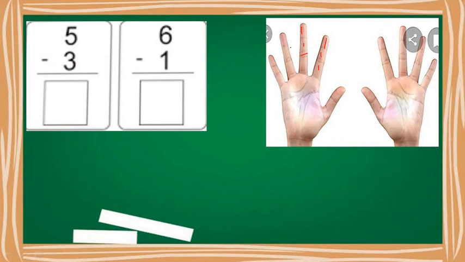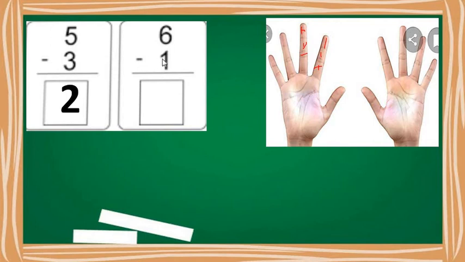So we have to cross out 3 out of this 5. 1, 2 and 3. Now see how many fingertips are remaining. Have you observed, dear? How many fingertips are remaining? 1 and 2. So we can say that 5 minus 3 is equal to 2.